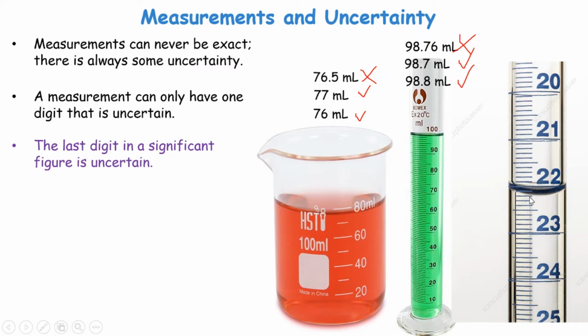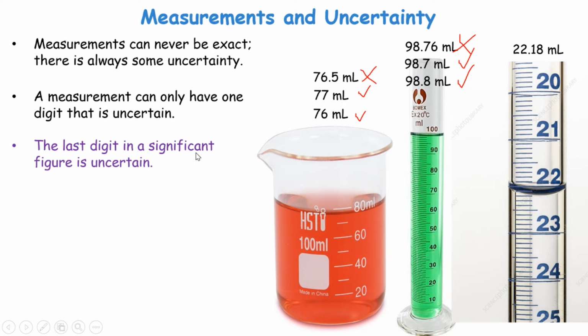You see the meniscus of the liquid inside this buret is definitely between 22.1 and 22.2. It's right between these two, which means the fourth significant figure, or the second decimal place, can be estimated. And that's the last digit.